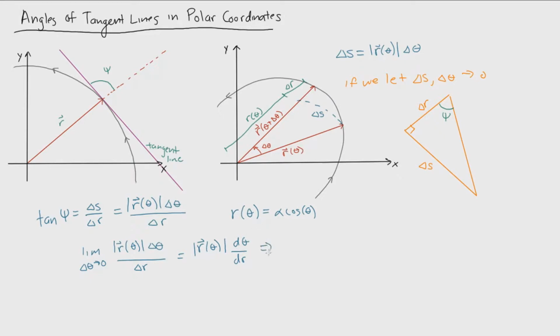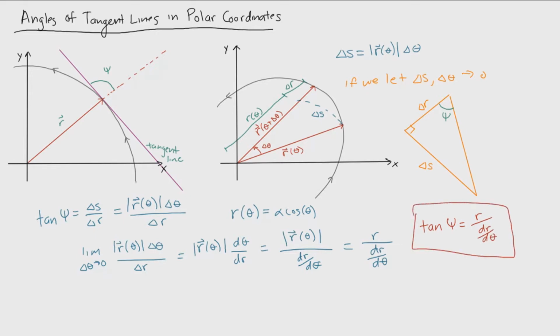So this is going to equal r of theta, the magnitude, divided by dr d theta, or in other notation, r divided by dr d theta. So the main equation is that tangent phi equals r divided by dr d theta. That is the equation to find the angle between the radial vector and the tangent line.